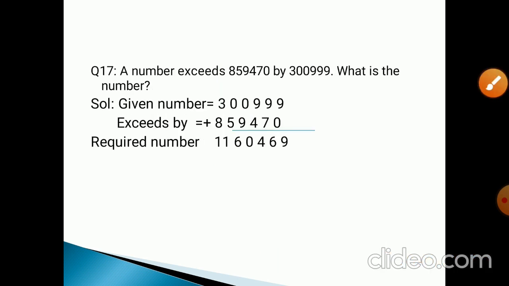Take next question. A number exceeds 8,59,470 by 3,09,999. What is the number?